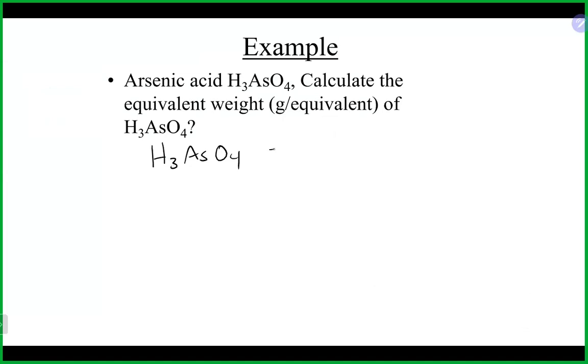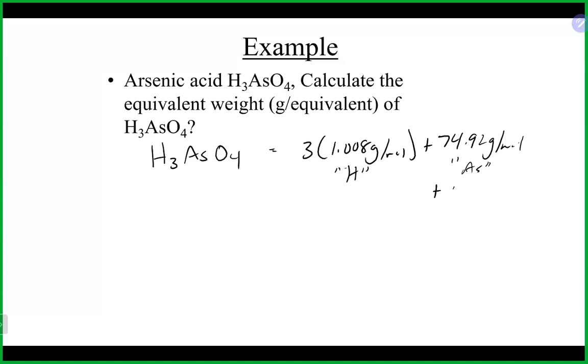That is going to be 3 times 1.008 grams per mole from the periodic table, plus our arsenic, 74.92 grams per mole for the arsenic. Obviously, that's our hydrogen, our arsenic. And then we would have 4 times our 16 for our oxygens.